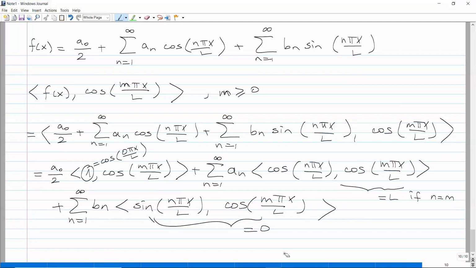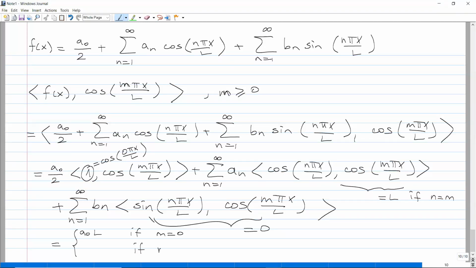If m is equal to 0, from the first infinite sum we don't get anything because n starts from 1. If m is 0, they can never be equal. But from the very first inner product, cosine of 0, this inner product is going to be 2L times a0 over 2. It's going to be a0 times L.